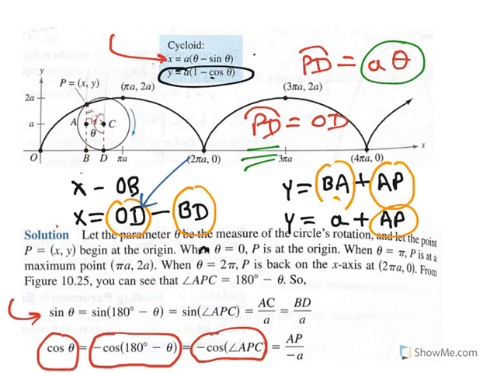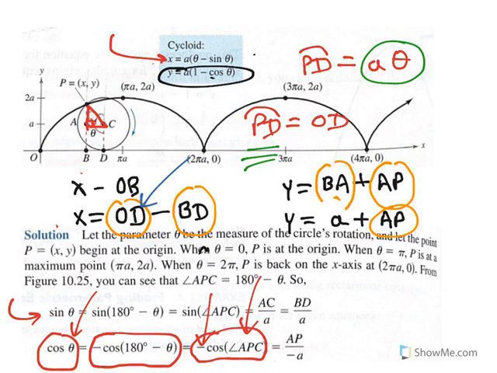And for this right triangle APC, cosine of the angle theta, by the analysis that we just went through, is equal to -1 times cosine of angle APC, because of all of the information from the prerequisite worksheet.